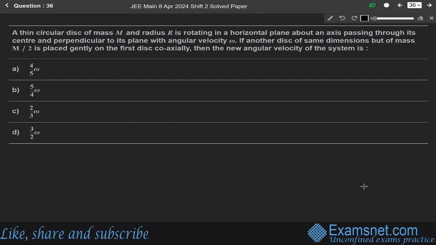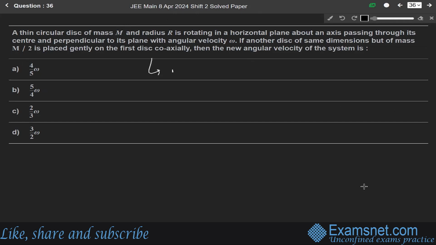Now 36, a thin circular disk of mass m and radius r is rotating in a horizontal plane about an axis passing through its center and perpendicular to its plane with angular velocity omega. If another disk of same dimensions but of mass m by 2 is placed gently on the first disk coaxially, then the new angular velocity of the system is.